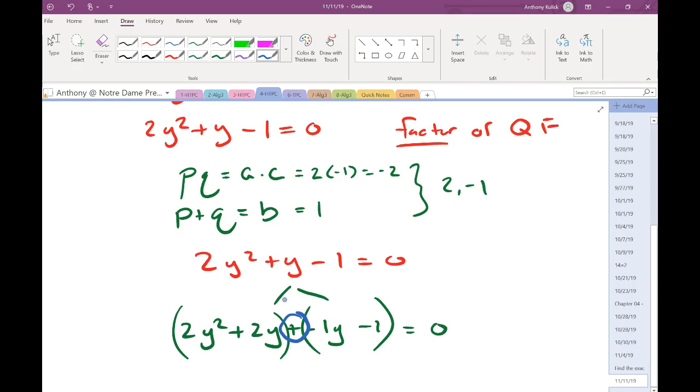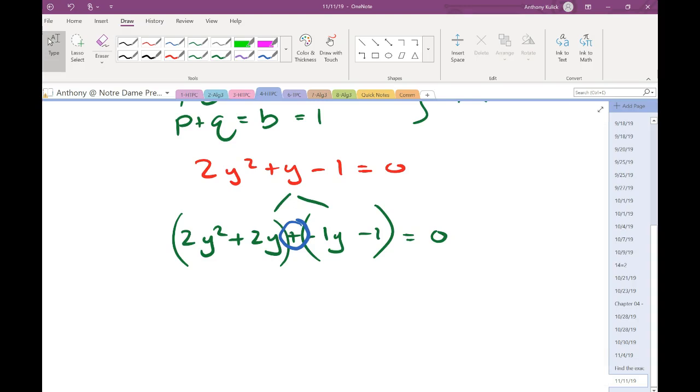Fixes it, no problemo. From the first group, we should take a greatest common factor of 2y. Okay. And what's that leave us with after we factor out the 2y? Y plus 1. From the second group, we can take out a greatest common factor of negative 1.